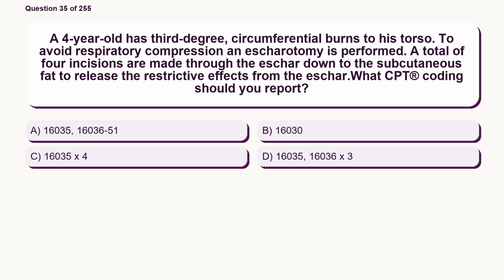Question 35. A 4-year-old has third-degree circumferential burns to his torso. To avoid respiratory compression, an escharotomy is performed. A total of 4 incisions are made through the eschar down to the subcutaneous fat to release the restrictive effects from the eschar. What CPT coding should you report? Option A, 16035, 16036-51.